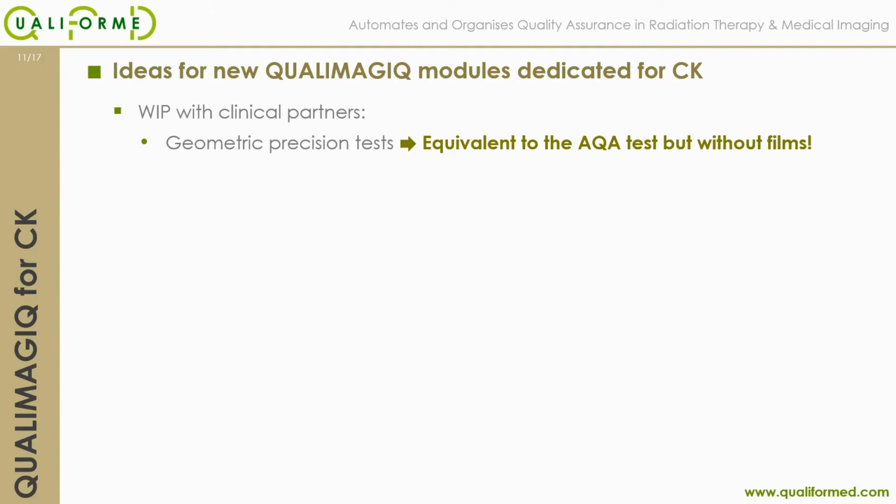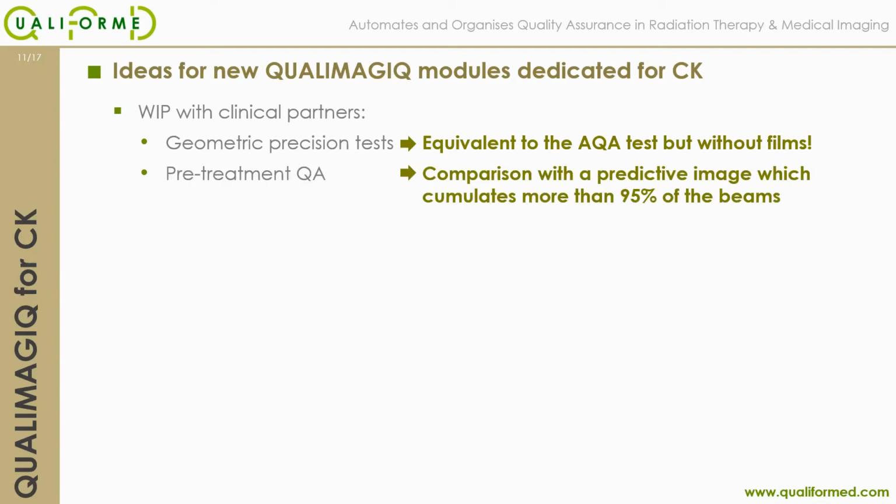We have another project underway to use our portable MV imager as the pre-treatment QA tool, which I can outline briefly. Using measured images for beams of all collimators, MLC, cone and iris at a given distance and orthogonal incidence from the imager, and by reading the beam list from Accuray, we can calculate for each beam a predictive image based on the measured image at a certain distance and a shoot perpendicular to the imager.